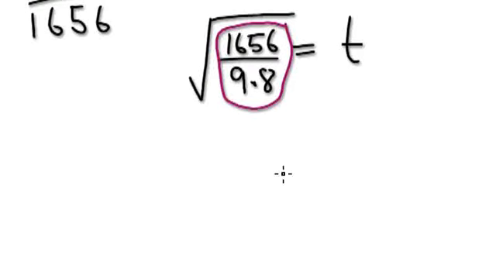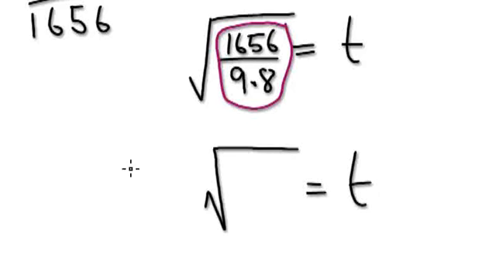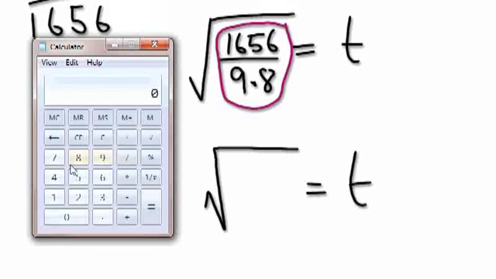We are trying to work out T, how long it would take for the cannonball to hit the ground. So let's work out the bubble first. So it's 1656 divided by 9.8 equals, let's just say it's roughly 169.